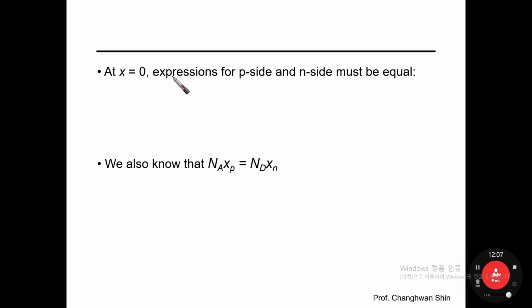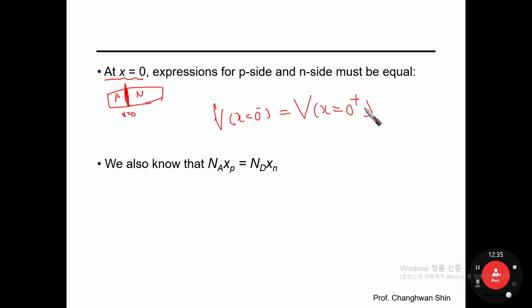Herein, one more condition that we are going to derive. What is it? Yes, at x of 0, in the PN junction diode, at this interface, the expressions for the p side and n side must be equal. That means the potential value at x equals 0 is equal to this. So you know what that means.